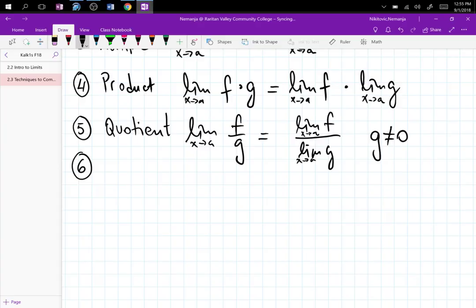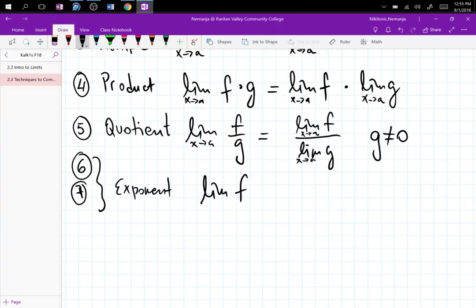I'm going to combine 6 and 7 in the same rule because it deals with the exponent. They have integer exponents and then fractional exponents, but it's the same thing, so any kind of exponent you have. I'll just say exponent.